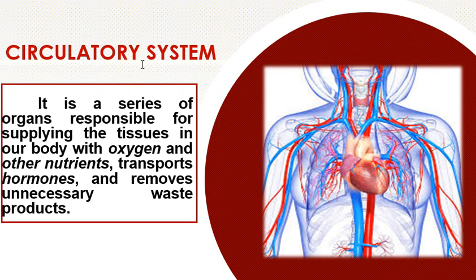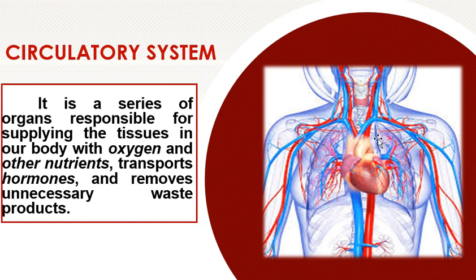So one of the organ systems we are discussing is the circulatory system. Again, the circulatory system supplies or provides our body with oxygen and other nutrients and hormones that we need so we can react, and it removes unnecessary products or materials from our body. Now let us explore more about what is in the circulatory system. As you can see here, these are the organs or parts in our body.